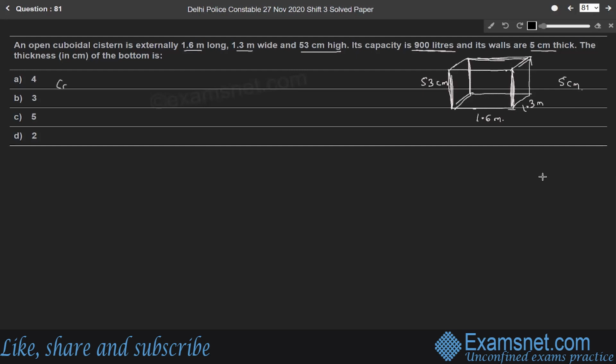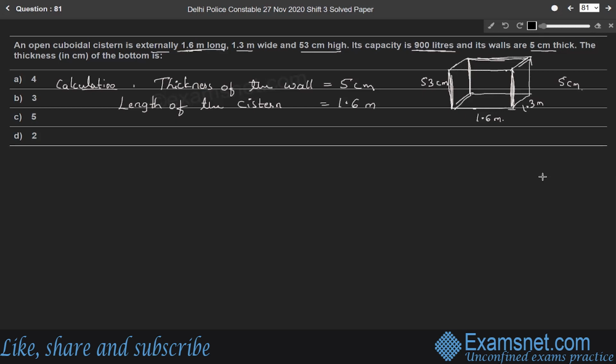Therefore, calculation. Here, length of the open cuboidal cistern is given as 1.6 meter and the thickness of the wall is 5 centimeter. The length of the cistern is externally 1.6 meter.